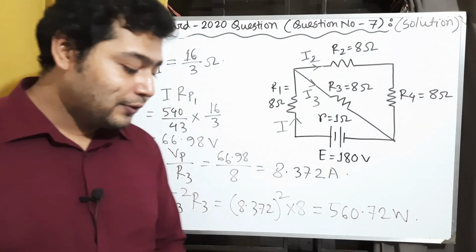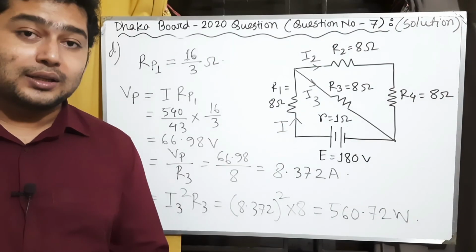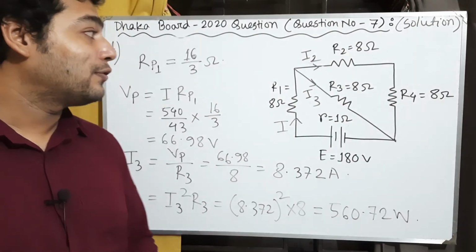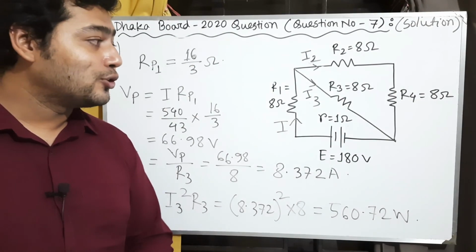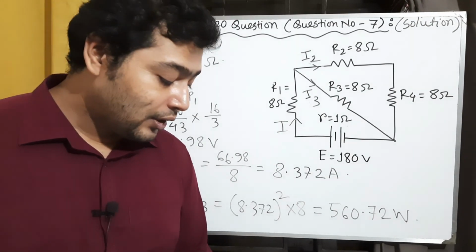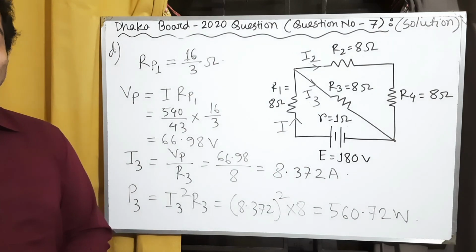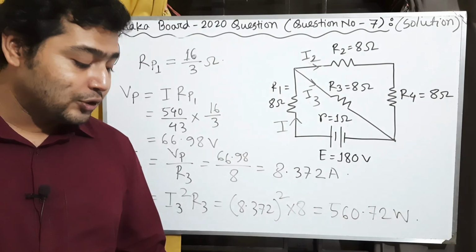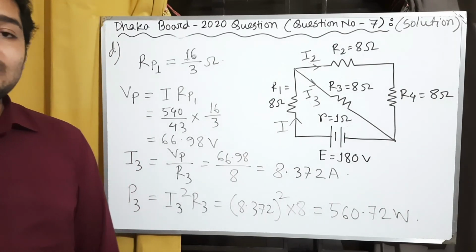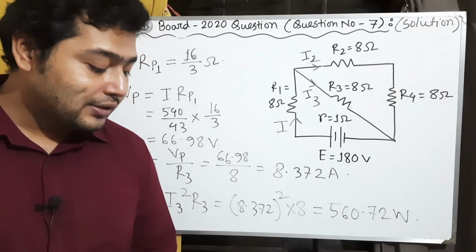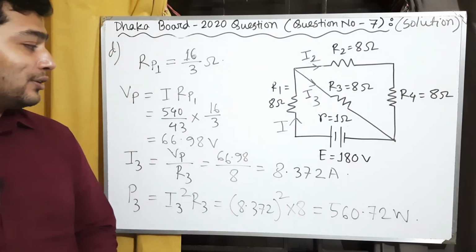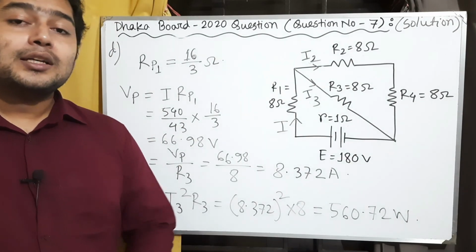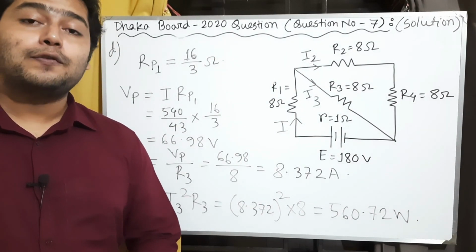Therefore the power is not equal for the resistances R1, R2 and R3. So we can say that the power is not equal even though the magnitudes of the resistances are equal, because the amount of current flow is different.